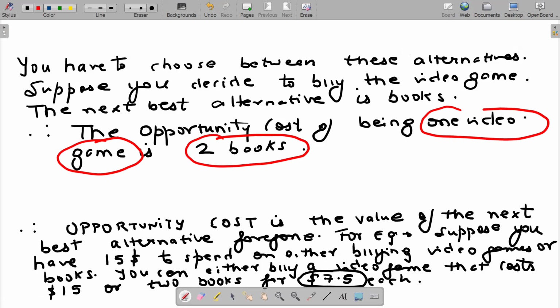To buy one video game, I'm sacrificing two books. Because money is also limited, money is scarce. No one has unlimited money. No one has unlimited budget. If I have $15 in my pocket, I had to make a choice between buying either one video game or buying two books. Now, if I buy one video game, the opportunity cost of that is two books, which I could not buy.